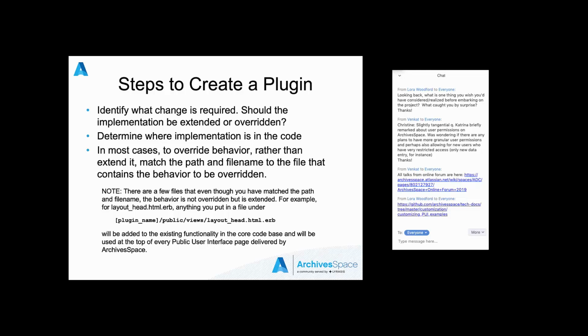So you can imagine if you put this file in the correct spot and it completely overrode what happened in ArchivesSpace, there could be some catastrophic results. So basically what happens is anything you put in there gets laid over what is currently in the core code base. And so it ends up being an extension and not an overridden thing.